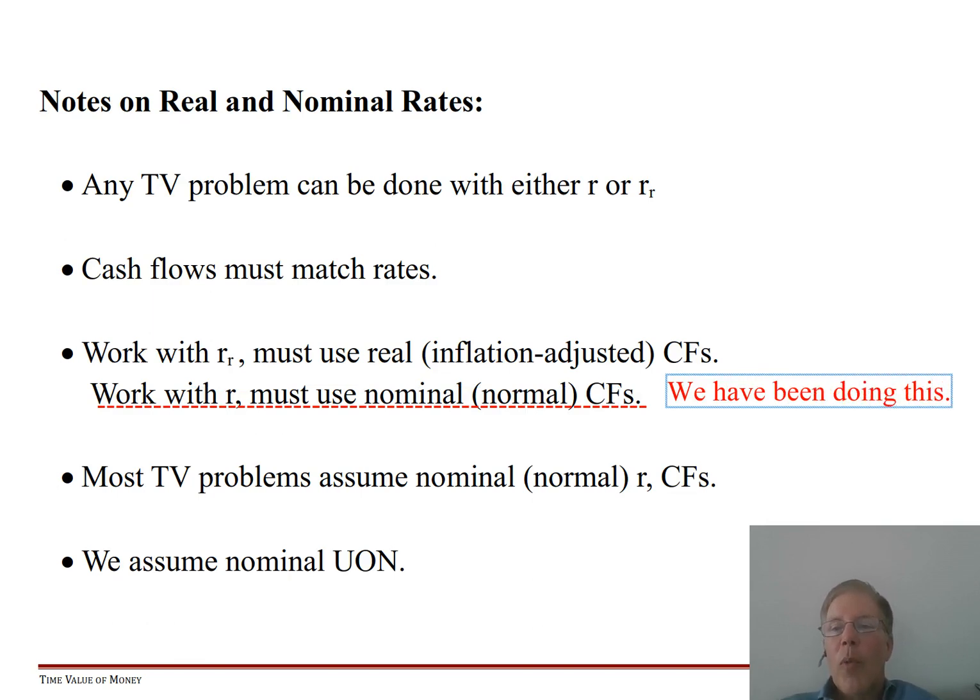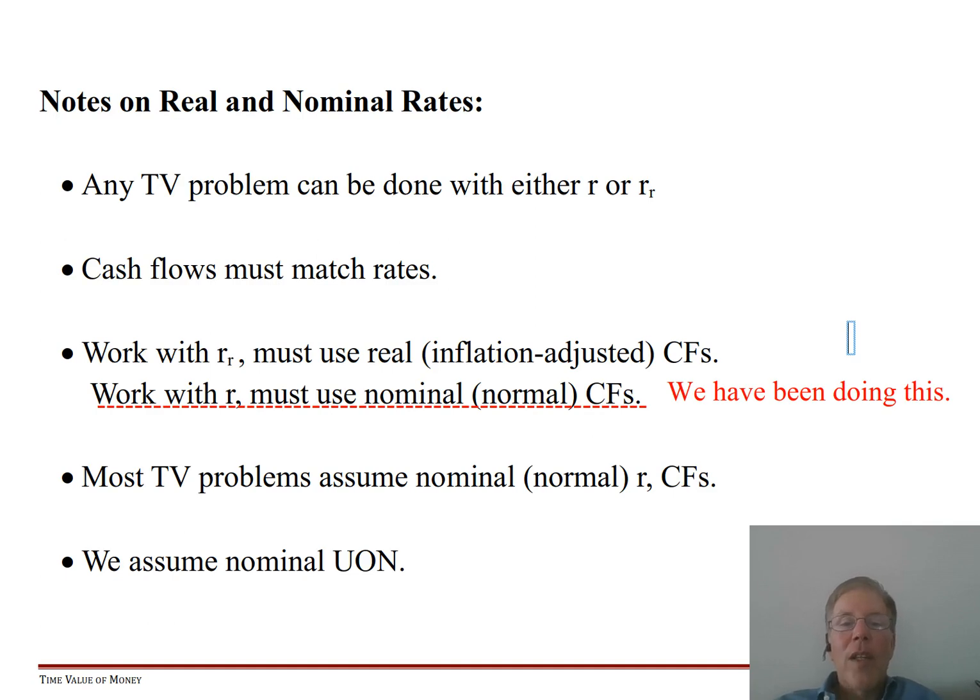This is important because if we wanted to switch to real rates, all of a sudden we would have to adjust every future cash flow in every problem we've done to date to put it in real terms.